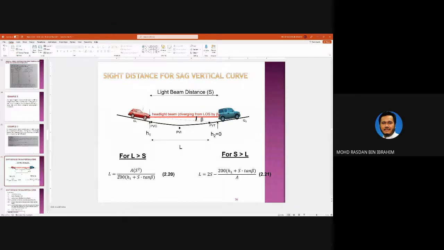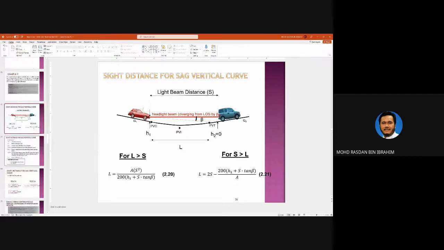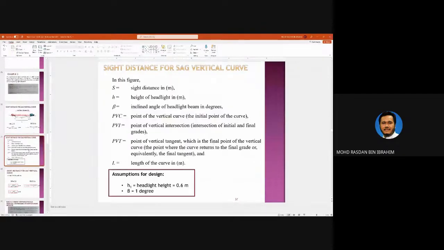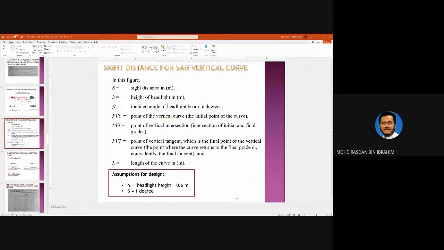So this is the basic formula, where it involves H1 and beta. Beta is the angle of the headlight diverging beam. So the assumption here is the headlight height is 0.6 meter and beta is 1 degree.